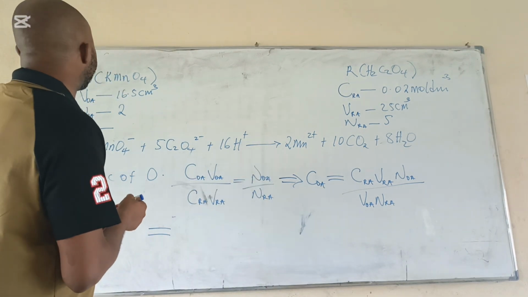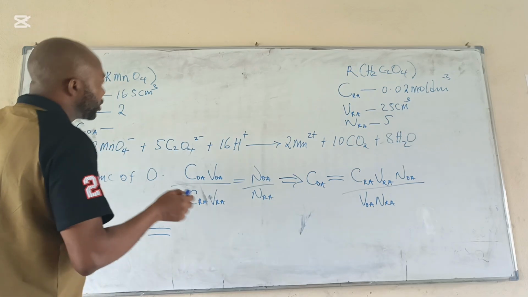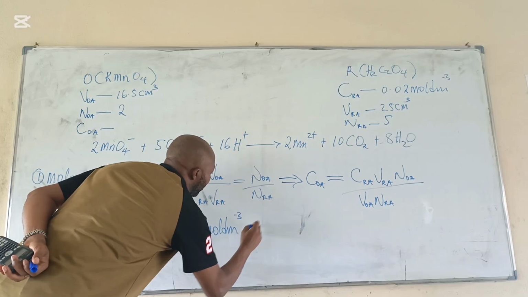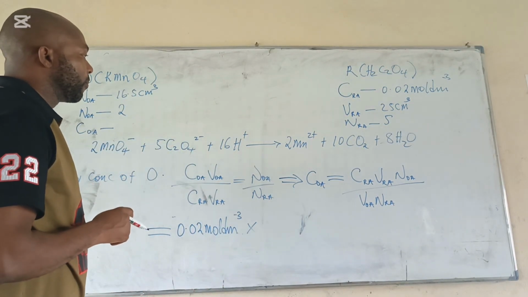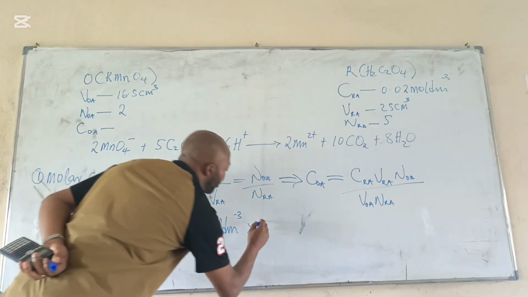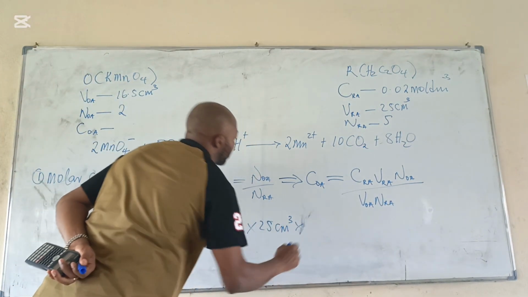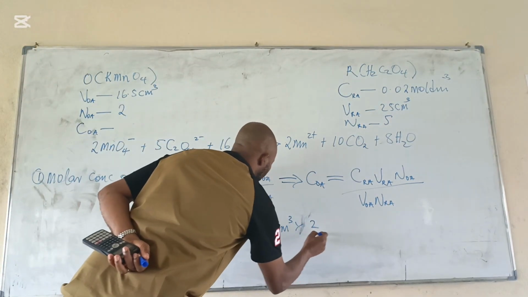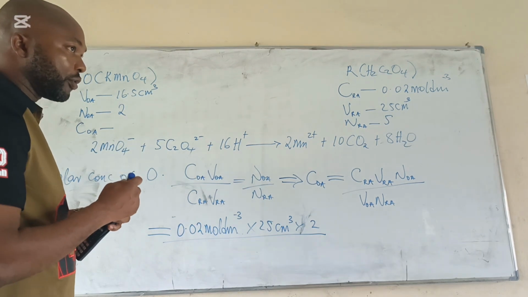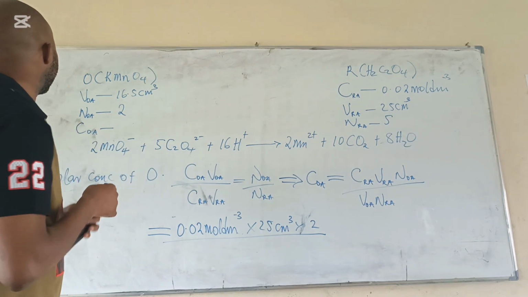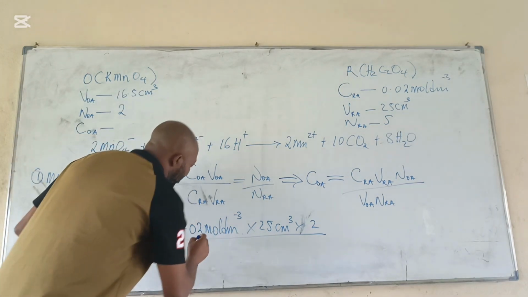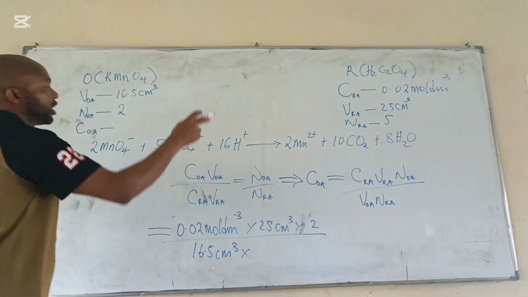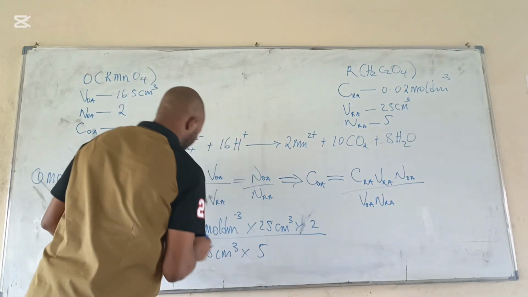Concentration of the reducing agent is 0.02 mole per dm³ times volume of reducing agent, 25 cm³, times number of moles of oxidizing agent, 2, over volume of oxidizing agent, 16.5 cm³, times number of moles of reducing agent, which is 5. So let's proceed.